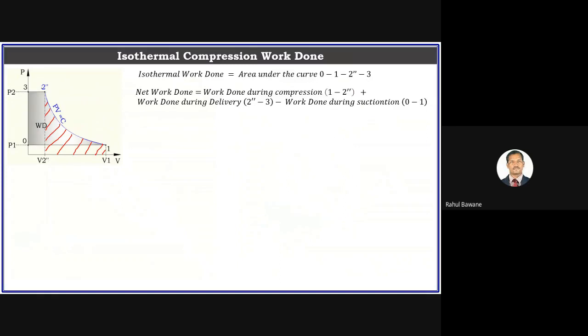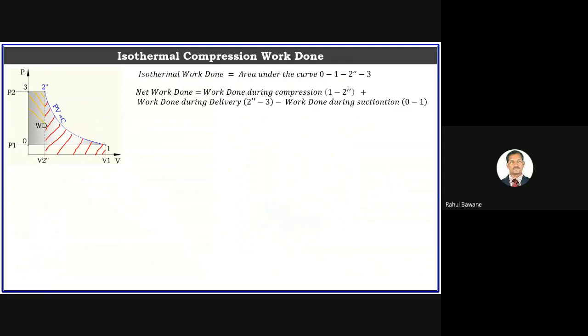Second, plus this rectangle. The area of this vertical rectangle will be height multiplied by width. Height is measured from this x-axis, so height is P2 and width is V2 double dash. And lastly, we have a second rectangle, this one.